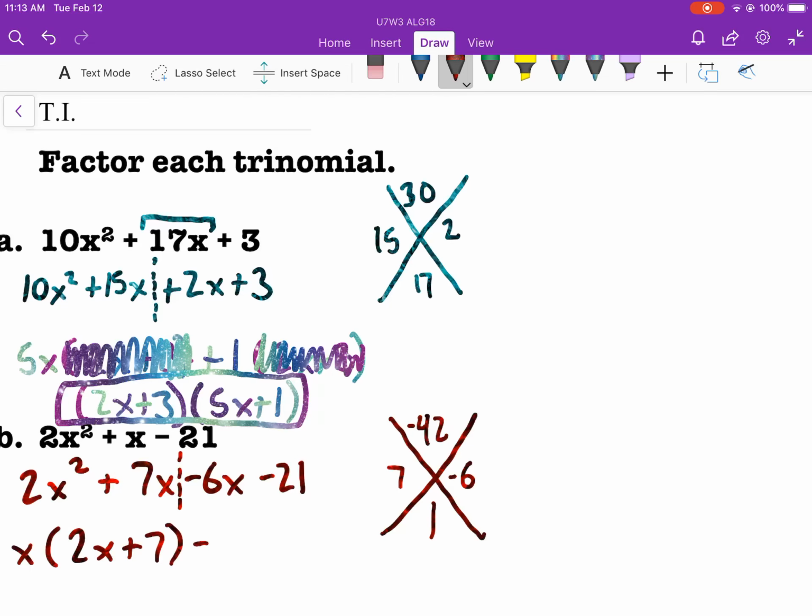There's a negative 1 on this side, and we have 6x plus 21. Now, when you get here, and these two expressions are different, we call that prime. Prime meaning that it cannot be factored.